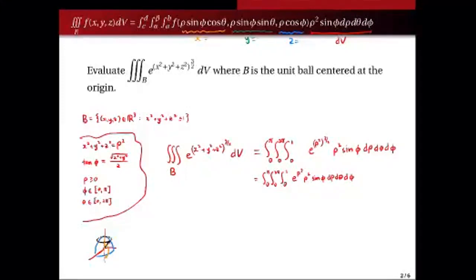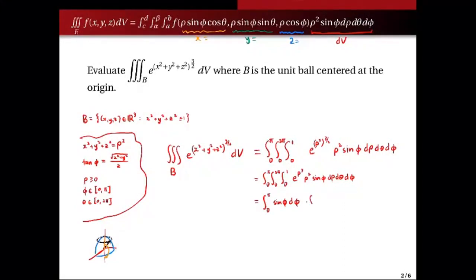What I'm saying is, you can evaluate this integral into the following form. You have your integral from 0 to pi of sine phi d phi, times the integral from 0 to 2 pi, that's for your theta, so you have your d theta in here.